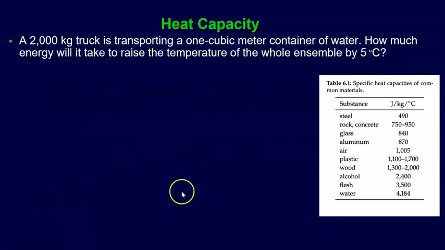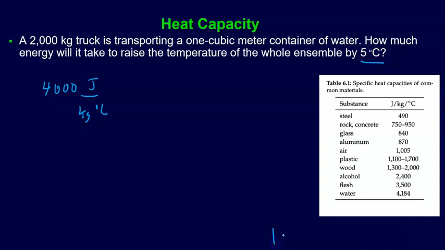Now we'll focus on the water. Here we've been given some clues. Water again, we'll be kind of sloppy, we'll use 4,000 joules per kilogram per degree Celsius. I want to raise it by 5, but I don't know what the kilogram is. We're told that it's 1 cubic centimeter of water.